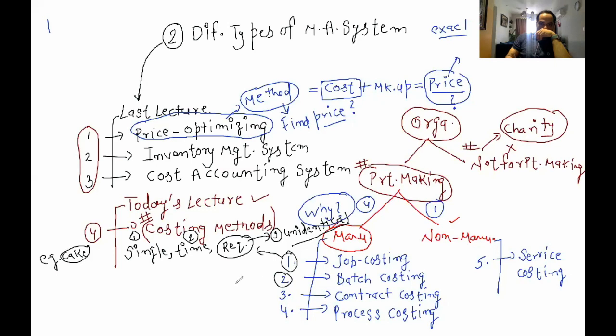Okay, now move on to the second one. What is the criteria or requirements to apply batch costing? As you can see from the name, batch. If any product is impossible to sell in single units, or impossible to produce in single units, for that kind of product we apply batch costing, right?